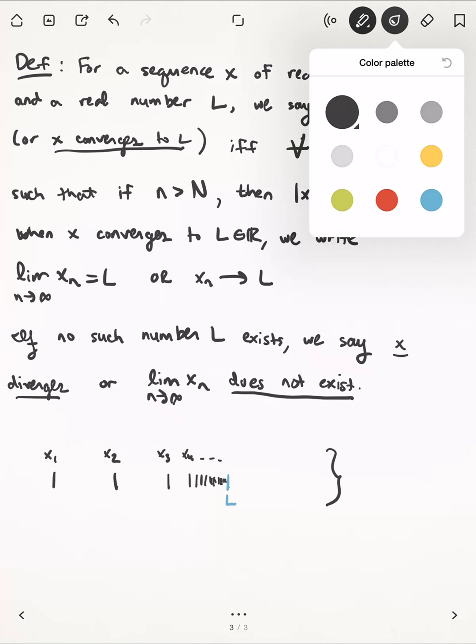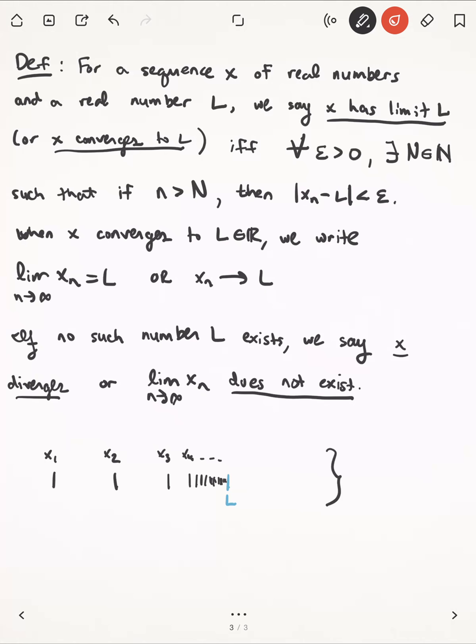So let's say, for example, you give me an epsilon and you say, I want all the terms of the sequence that are within this distance of the limit. And then I could look at the sequence and I say, okay, I can't give you the terms x1, x2, or x3, but it seems that if I take all the terms above 4, all of those terms are going to be a distance less than epsilon away from the limit.